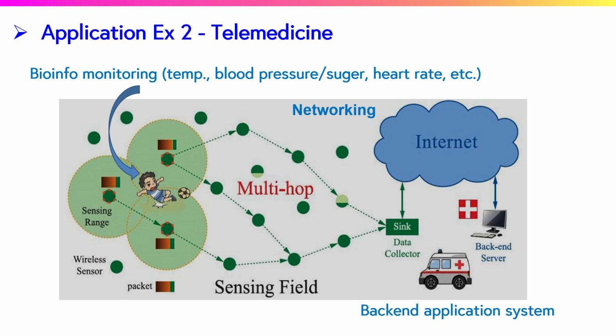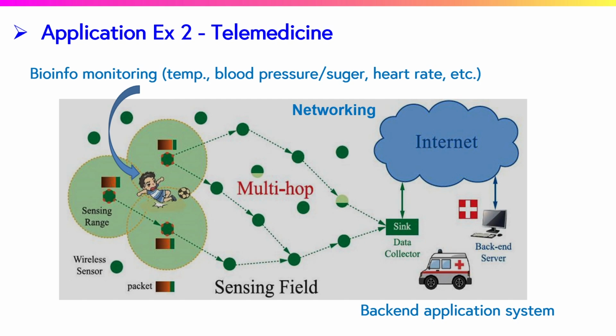Basically, we have sensors measuring temperature, blood pressure, blood sugar, heart rates, and so forth together. Then, based on these biosignals, we can analyze the health conditions of the people being monitored.